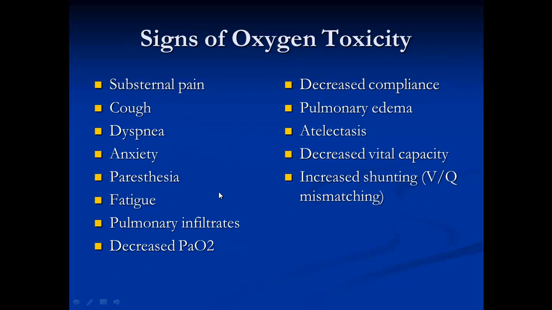Signs of oxygen toxicity: of course, the patient is not going to be able to tell you this if they are on mechanical ventilation, but if they are on 5 liters of oxygen and it is not adequate, patients could have pain of ischemia, cough, dyspnea, anxiety, pulmonary infiltrates, and edema. So you could review these symptoms as well.